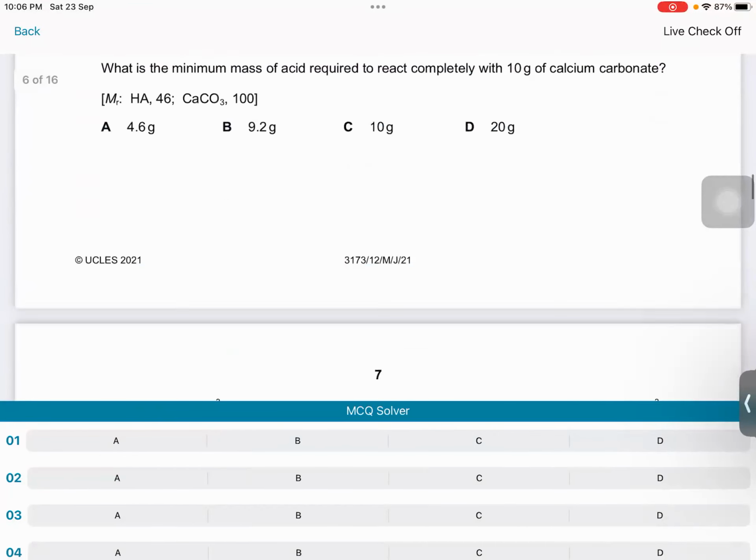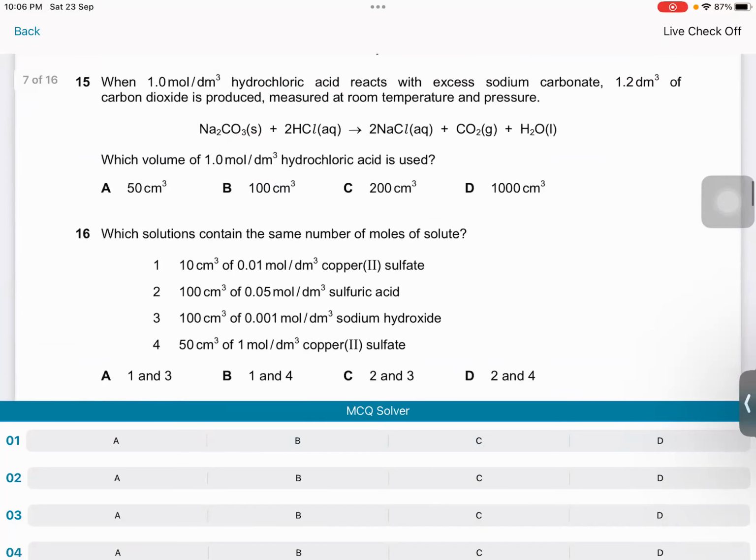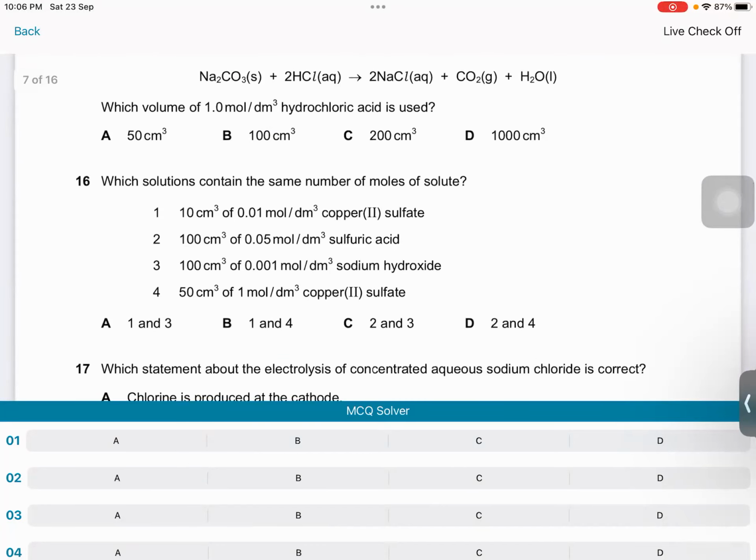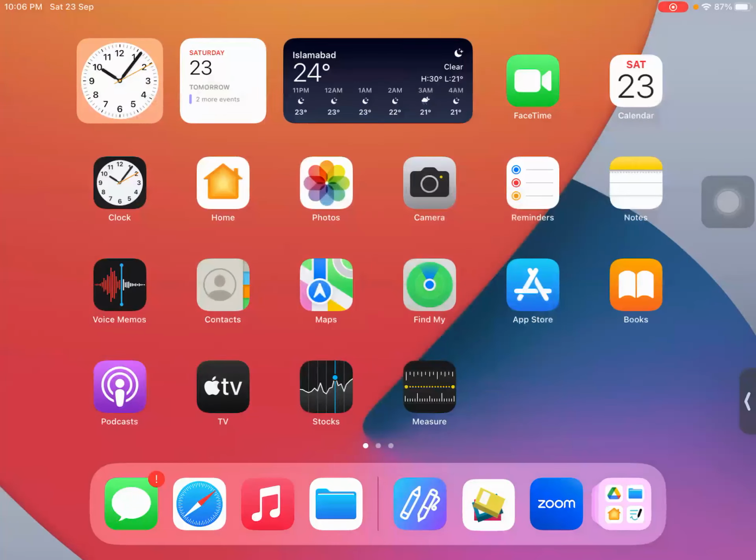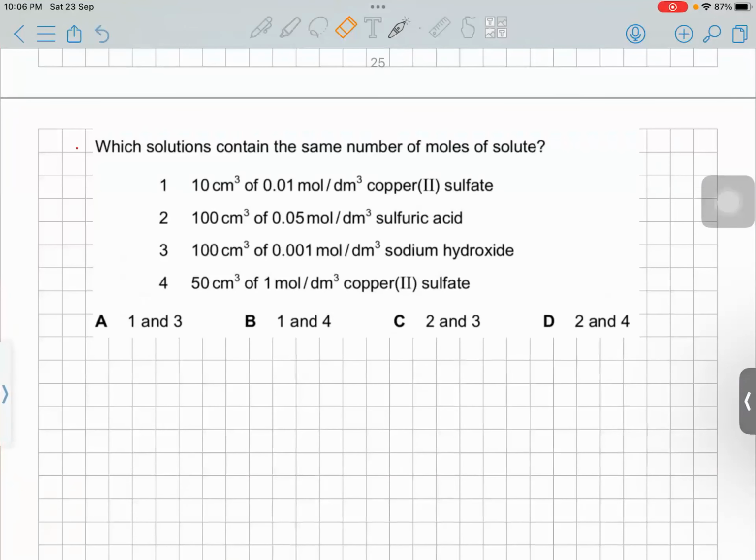It's question number 16. Which solution contains the same number of moles of solute? Now, concentration is given, volume is given. You have to find the moles.